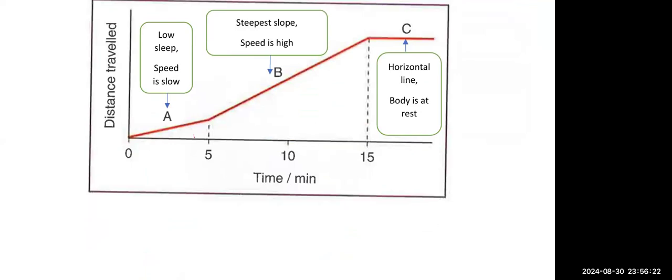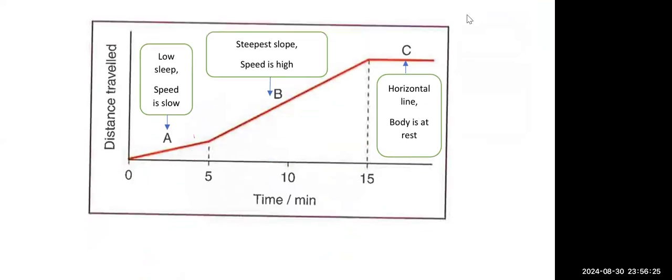Now this graph is very important for your understanding. Remember, this is a general graph of any moving body. Here vertically it is showing distance traveled, and this shows the time in minutes, that is, how much distance is covered by the object in minutes.